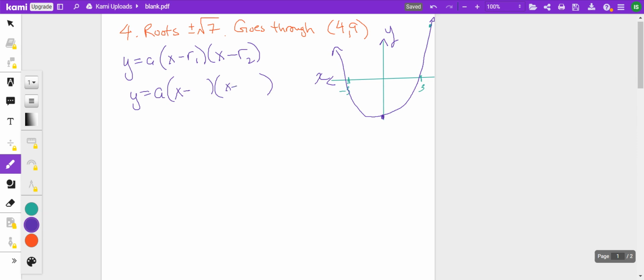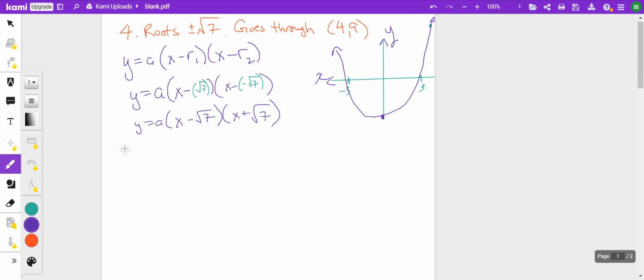Now notice that those minuses are part of the formula. So if my roots are root 7 and negative root 7, I can further simplify to y equals a times x minus root 7, x plus root 7.